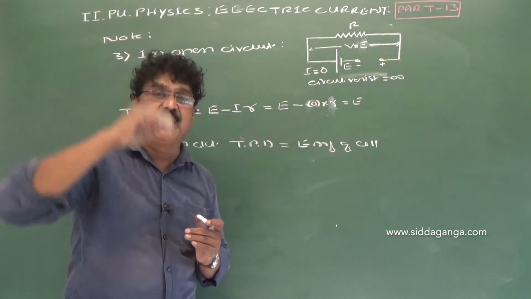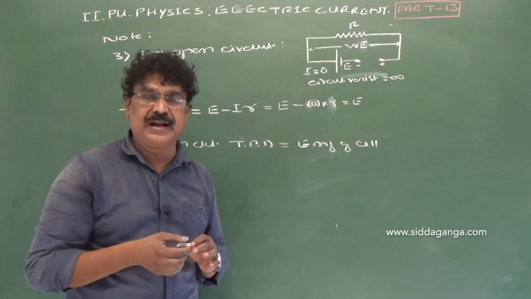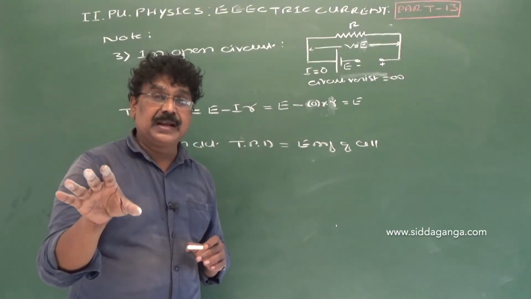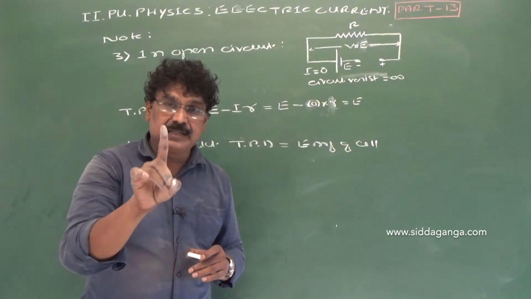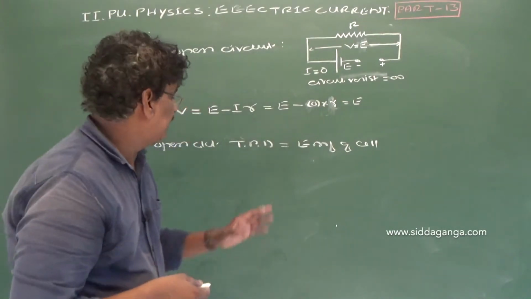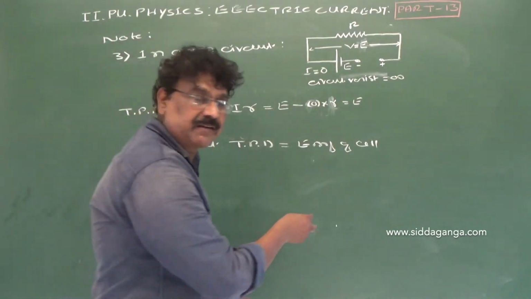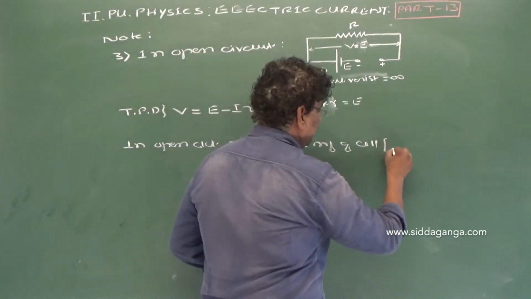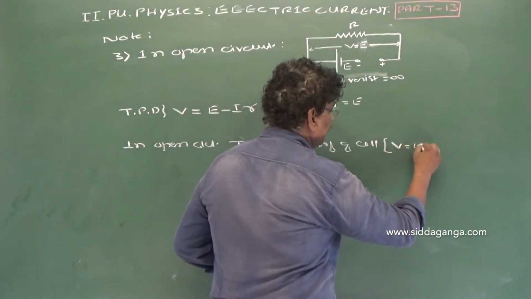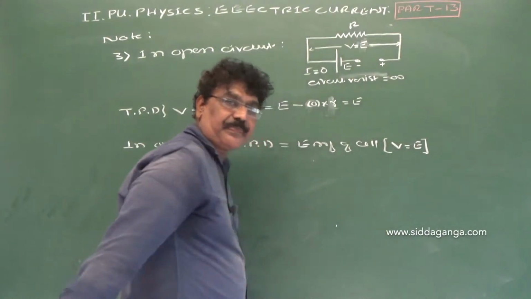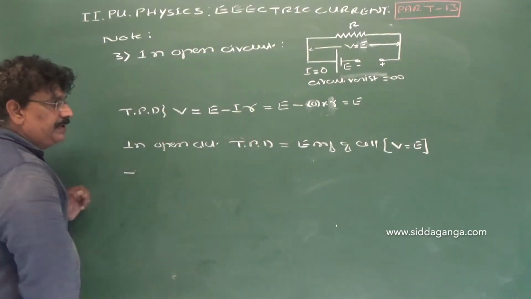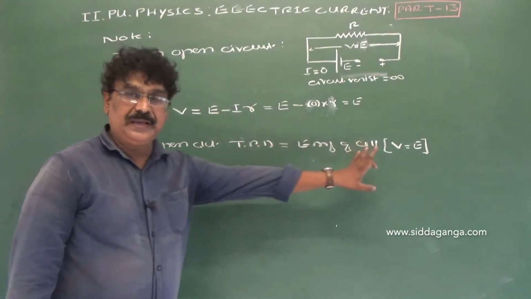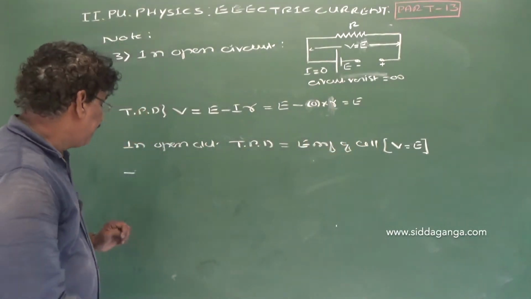It is the maximum value. It cannot exceed 3 volt, right? But no current flows through the circuit because there is no conducting path. Now the terminal potential difference across the cell, V is equal to E, remember.